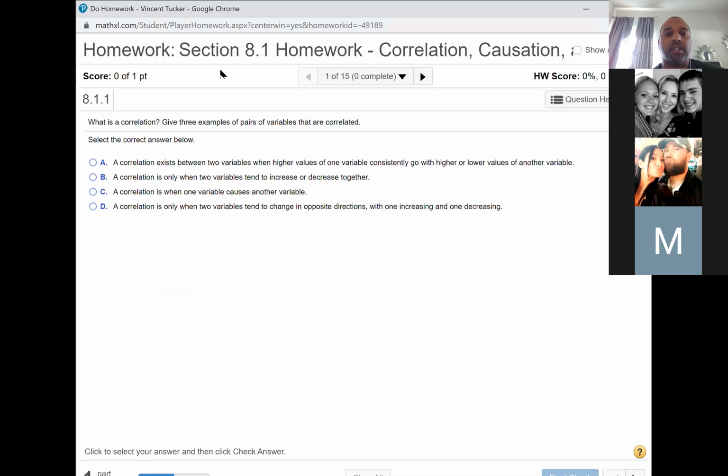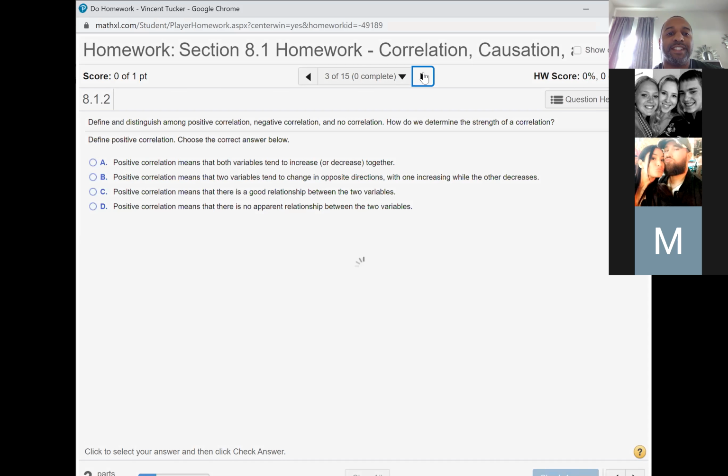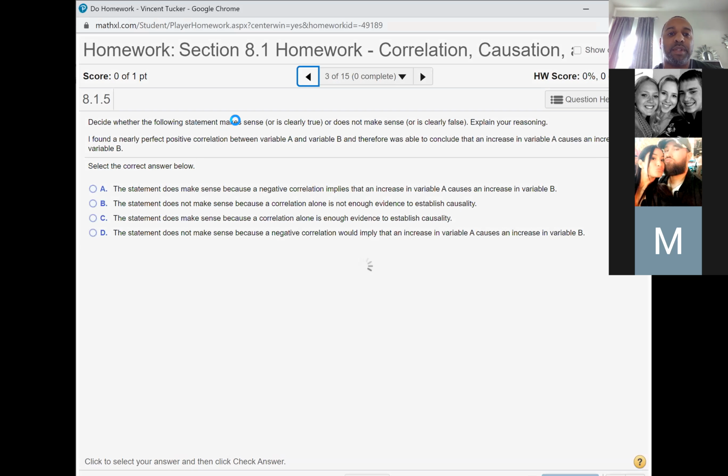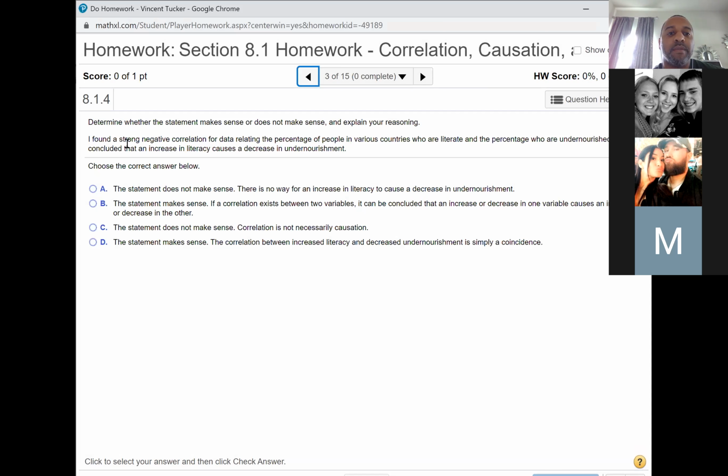So here, 8.1, what is correlation? It's the first one. Try not to give you the answer. Say another definition. Determine a statement that makes sense. So based on what we said, I found a strong negative correlation, and we talked about what that means, of data relating to a percentage of people in various countries who are literate and the percent who are undernourished.